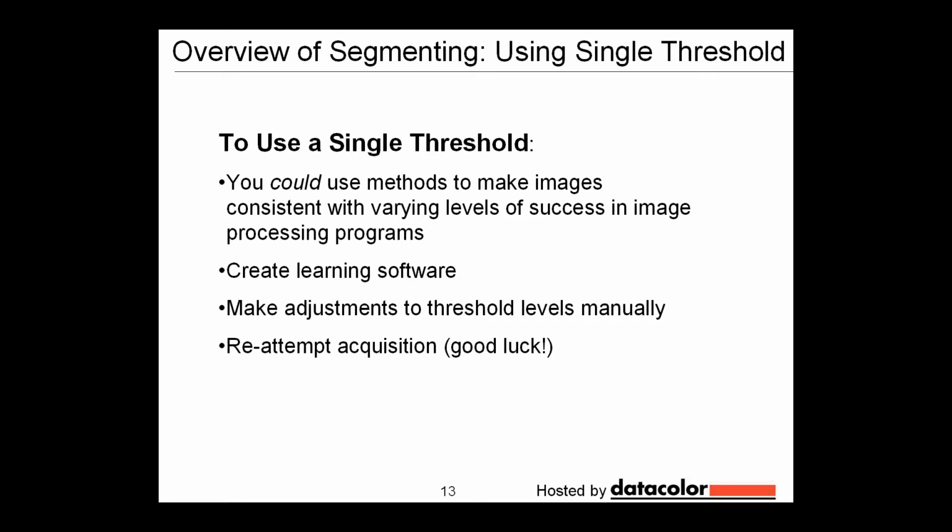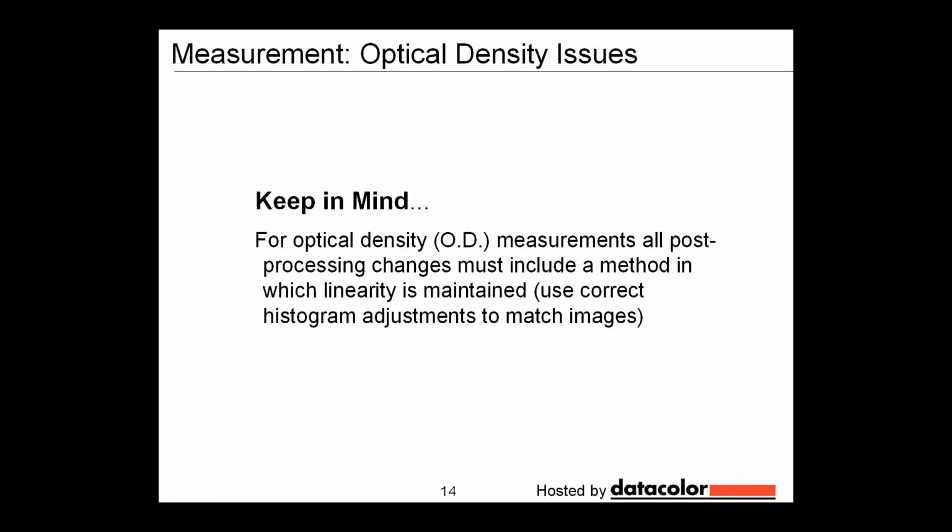You can create some sort of learning software if you have enough computer programmers at your disposal, and then the software learns what's supposed to be the object of interest. Otherwise, you're left making adjustments to threshold levels manually, or maybe you can reattempt acquisition, but often it's a lot of work to do that, and it's actually, in my own experience, somewhat rare to be able to get perfectly consistent images.